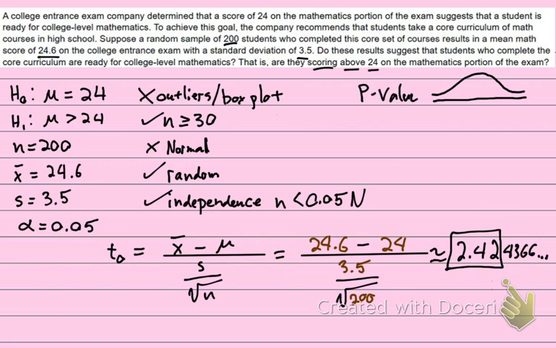And so that's good because the table we're going to look at is already going to be set up for that. And our degrees of freedom, if our n is 200, we're going to be looking for degrees of freedom of 199 or the next number below that.